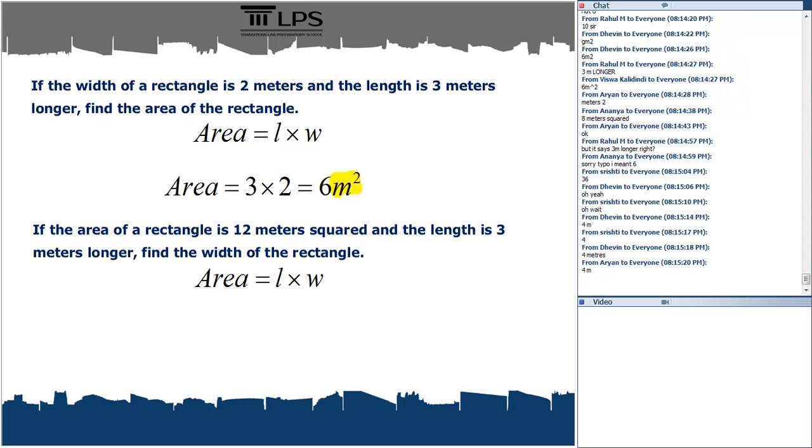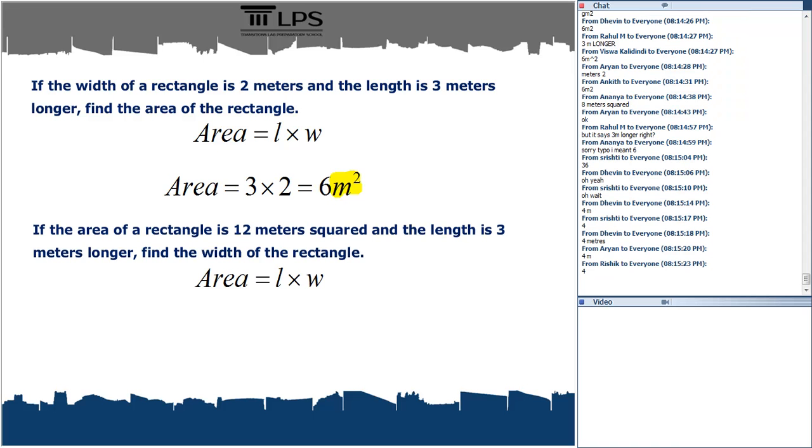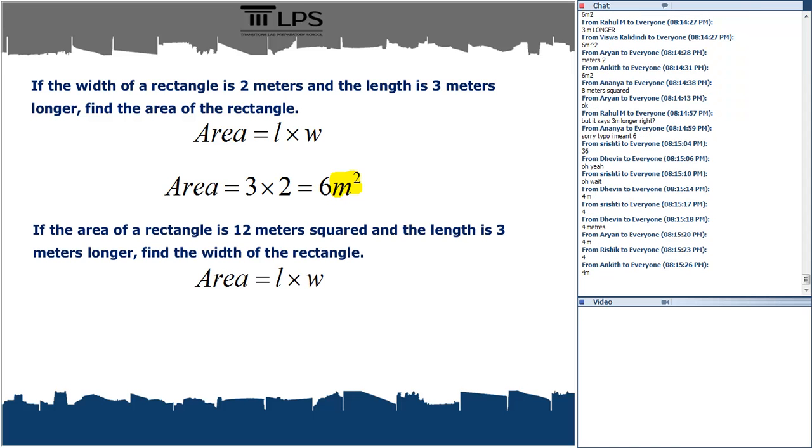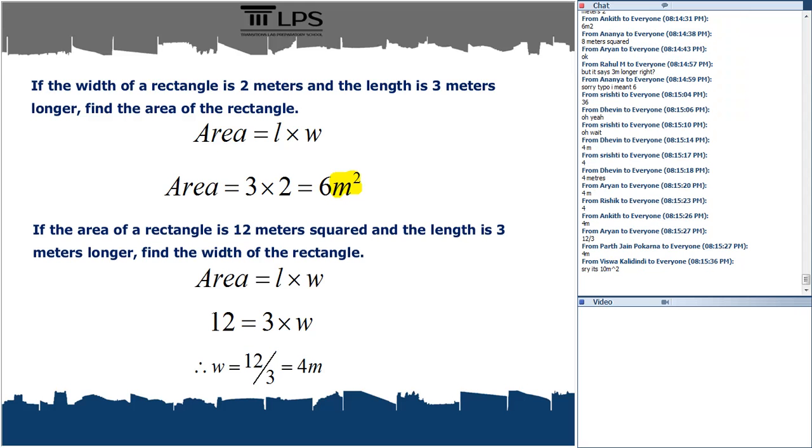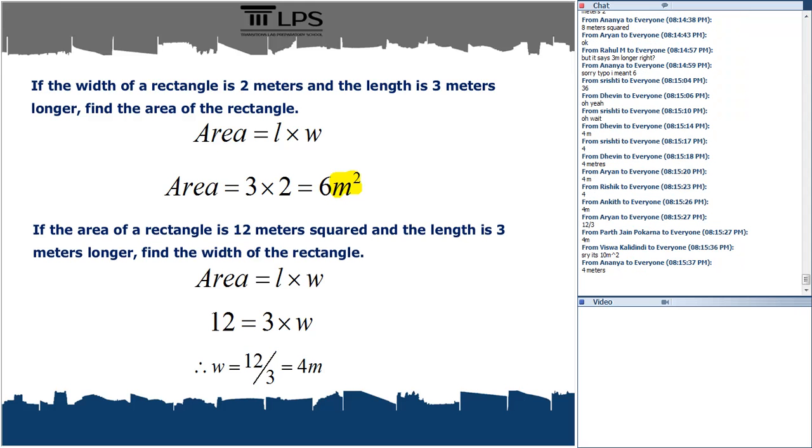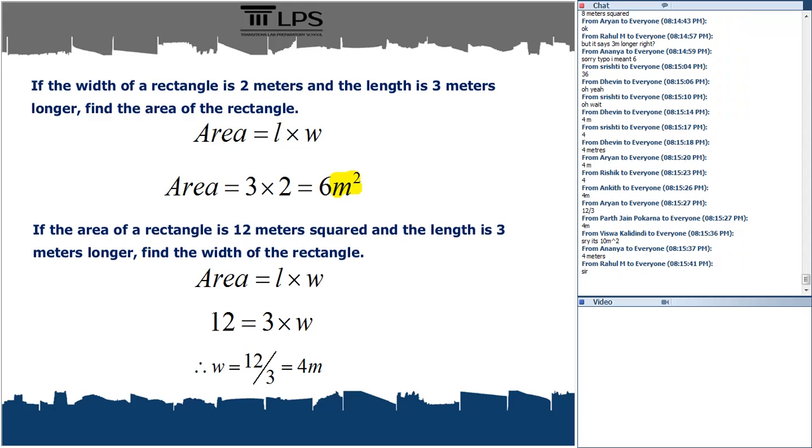Yes, the first one to answer that question is Dhiven. 4 meters. Very good with the unit. So that's the answer. It is 4 meters. Parth, very good. Now let's look at another question.